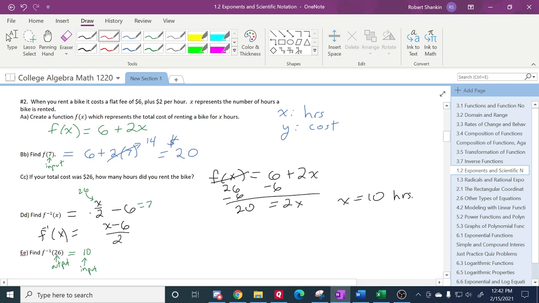So this is not the correct inverse function. Well, let's put the 26 in here. I'm going to get 20 divided by 2 is 10. This is correct. This is the correct inverse function for this one.